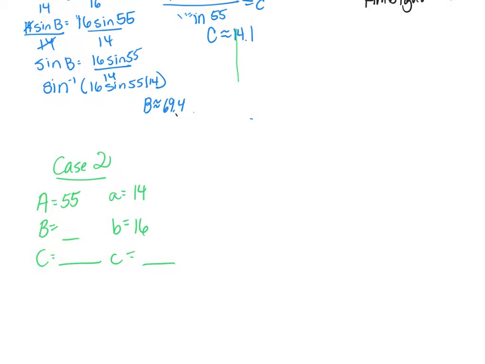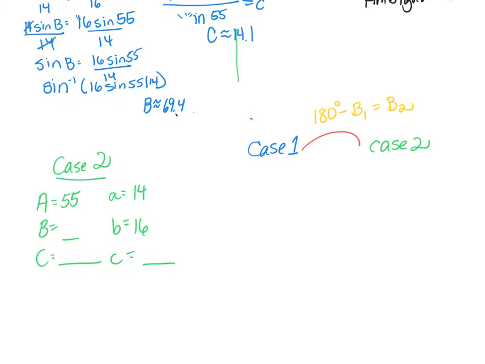Now remember, we have to bridge the gap from case 1. There's got to be a bridge that gets us to case 2. And we said that bridge is that we have to take 180 degrees and subtract what we found as our angle in the first case, to find out what the new angle is that we're going to use for angle 2.